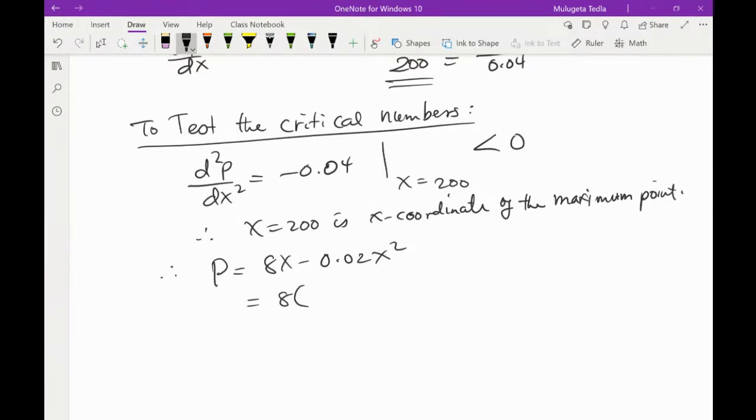So this is 8 times 200 minus 0.02 times 200 squared, and that is 800.